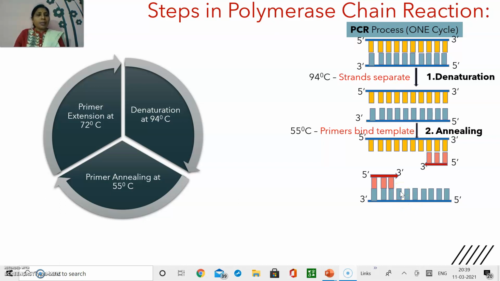For the new strand synthesis, there should be the availability of 3' OH. For that purpose, the two different primers, the oligonucleotide chains which we have added, get attached to the DNA template at the 3' end of the templates. They show Brownian movements, and by showing the Brownian movements, the primers get fixed to the template strands.